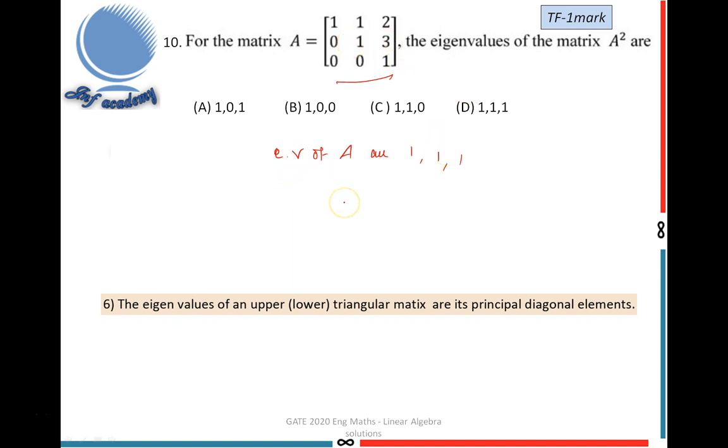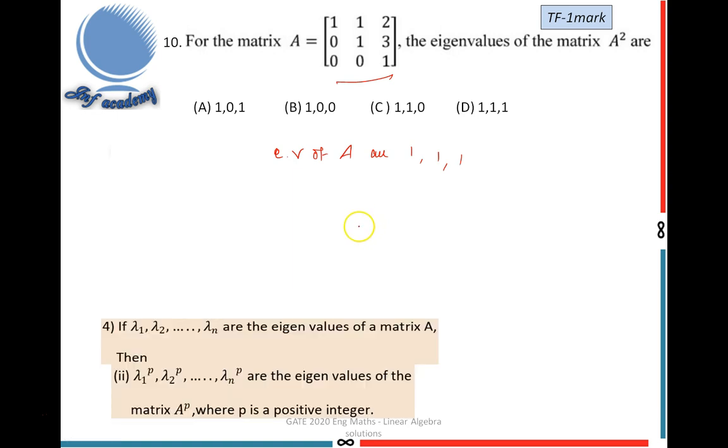Now we have to find the eigenvalues of A square. Here I use another property: if the eigenvalues of A are lambda 1, lambda 2, etc., lambda n, then the eigenvalues of A square are lambda 1 square, lambda 2 square, etc., lambda n square. It is also linked below this slide. So the eigenvalues of A square are 1 square, 1 square, 1 square. It is also 1, 1, 1.